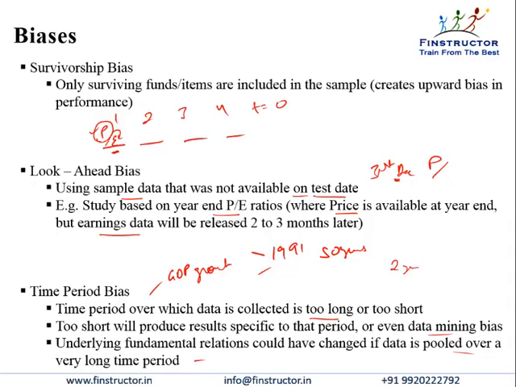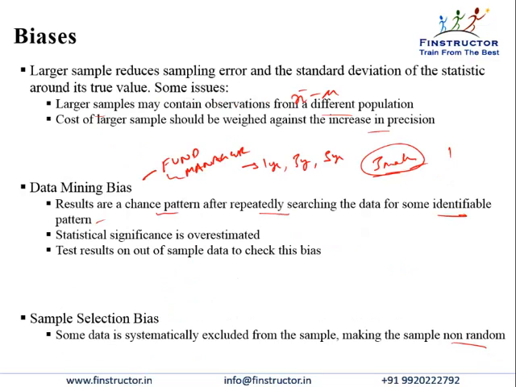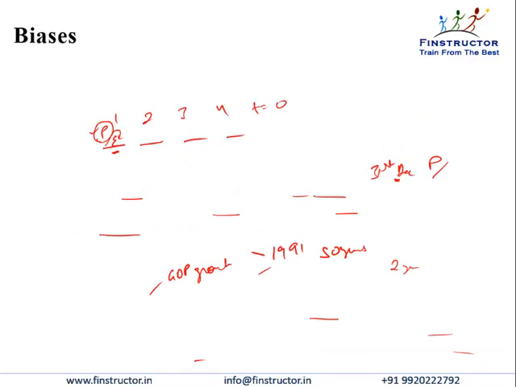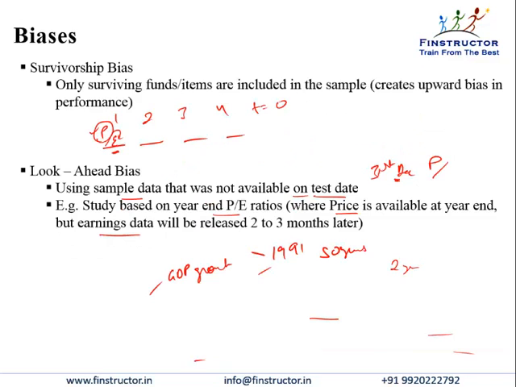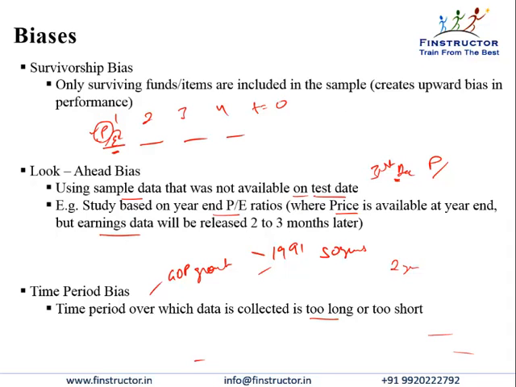So these are some biases that you should be careful about: data mining bias, sample selection bias, survivorship bias, look ahead bias, and time period bias.